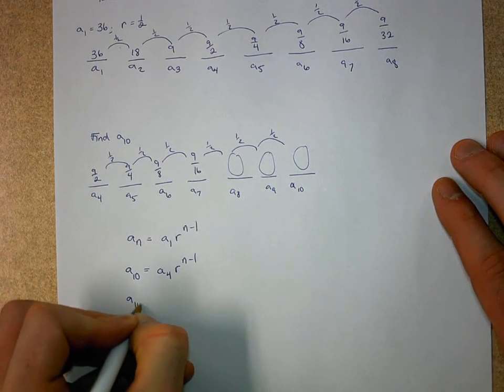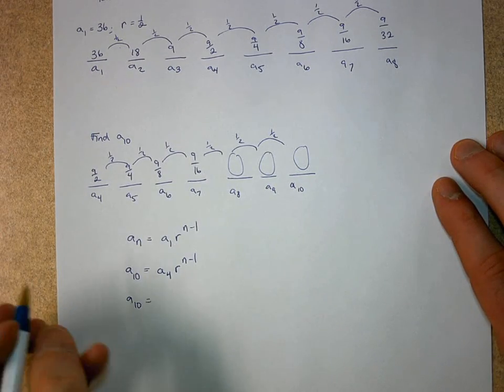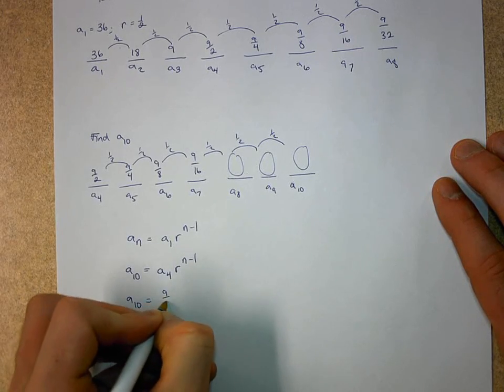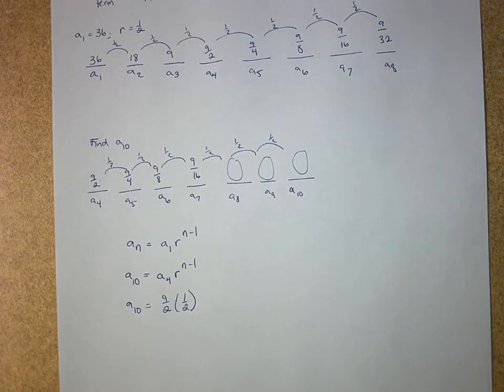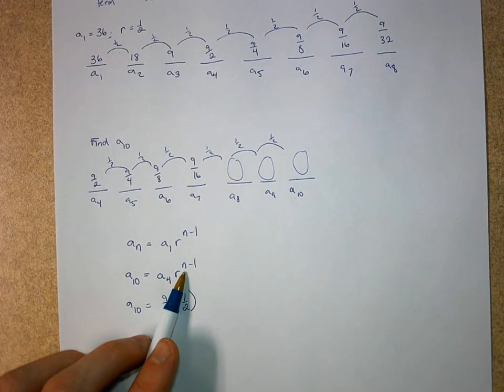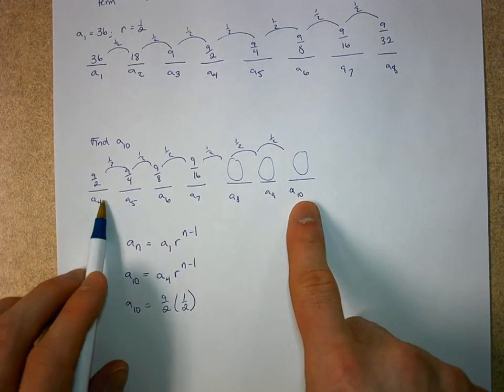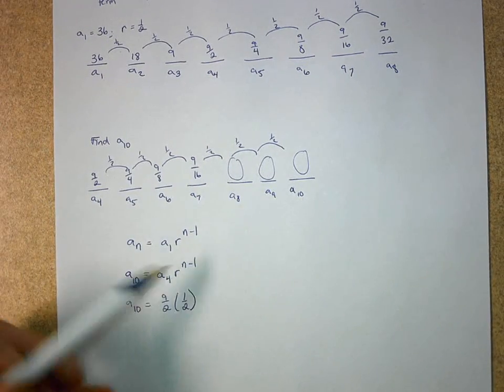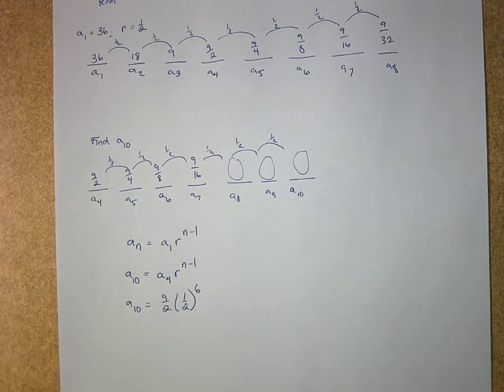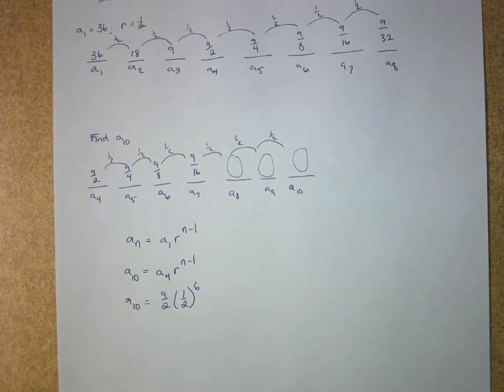So if I were to solve this one out, a sub 10 is equal to a sub 4, which is 9/2. My common ratio is 1/2. And then the number of terms to get from 4 to 10, 1, 2, 3, 4, 5, 6, 7, is 7 terms. So 7 minus 1 would be 6.